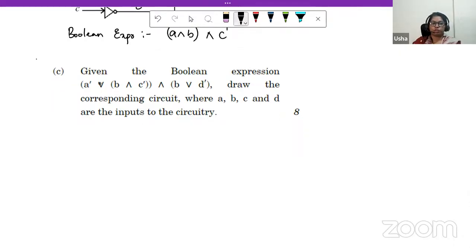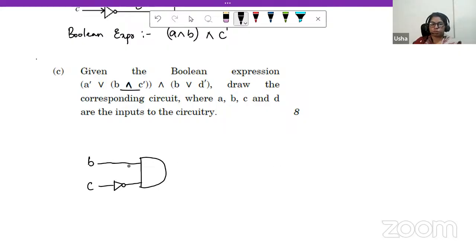Right. So here this is OR, and for that there is AND. Whatever is the innermost bracket, you have to solve that first. So B and C' is there. B is one input and C is the other input. These two inputs go to the AND gate, right? And C is dash, C'. So C, you have to pass it through a NOT gate.